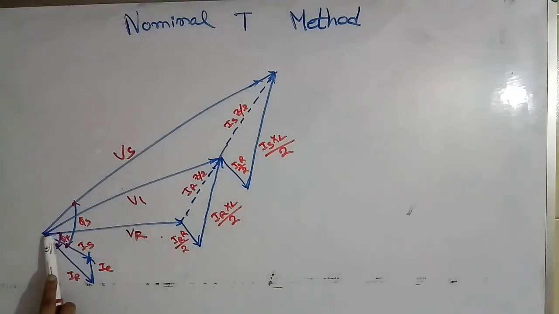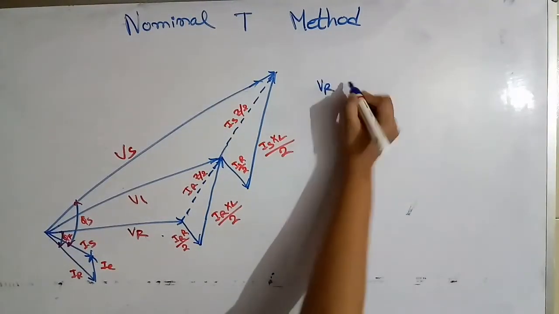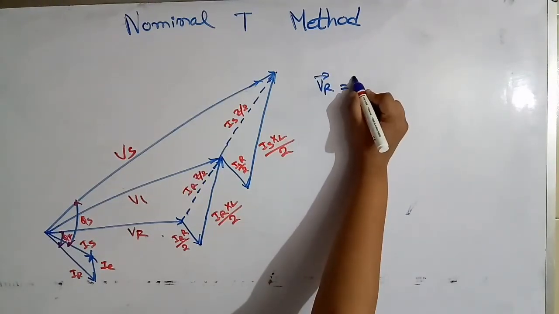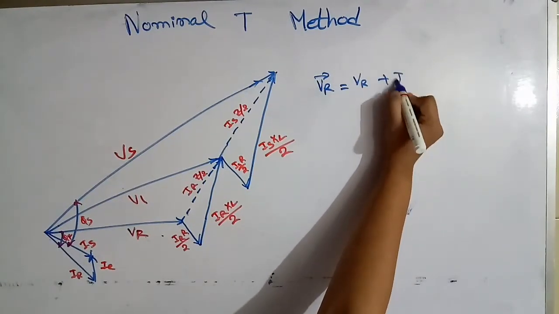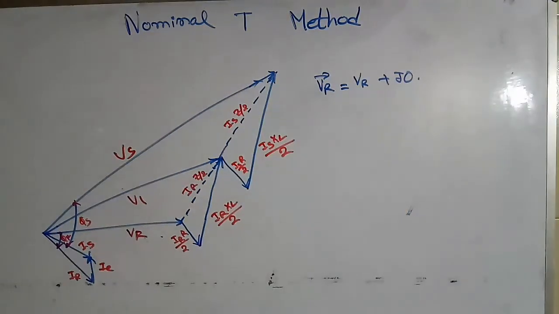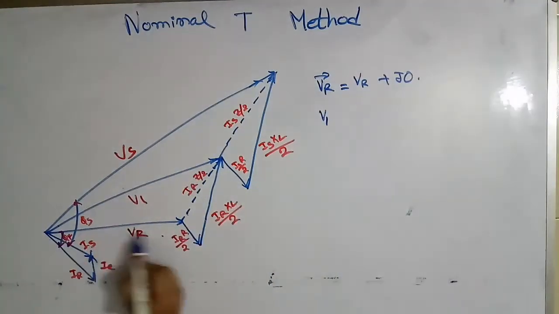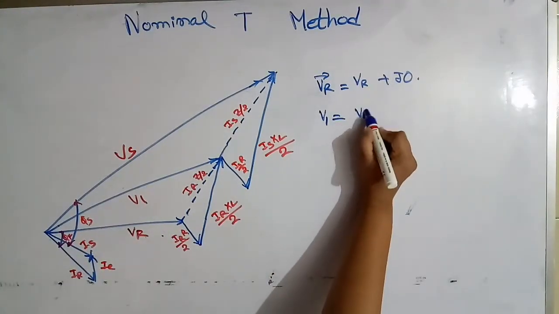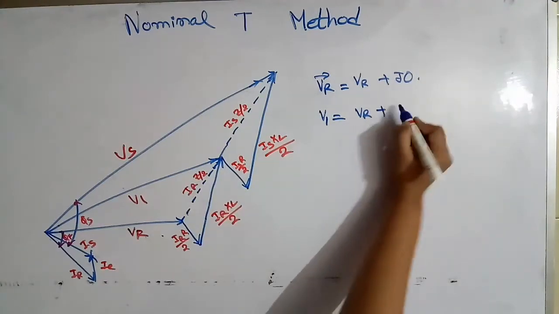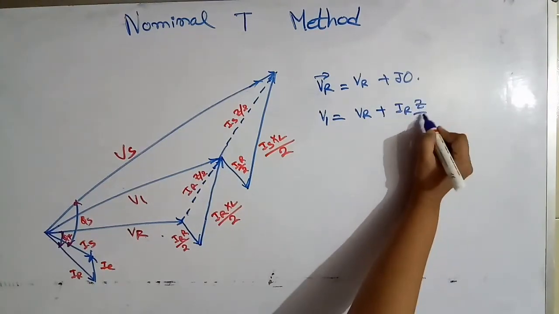Now here we take VR as the reference axis, so we can write VR equals VR plus J0, as VR is the reference axis. And what is V1? V1 is the voltage across the capacitance. So we can write V1 is VR plus IR into Z by 2.